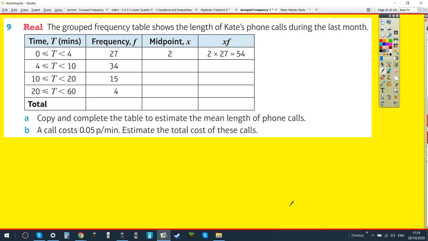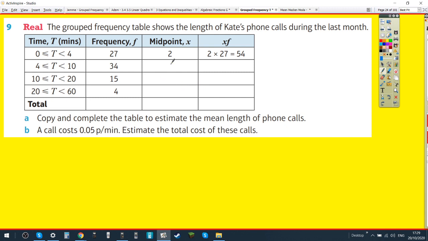How'd you get on there? I'm kind of a bit stuck because I didn't understand what question I'm supposed to be doing. So do you know the midpoints? Yeah. What are they? First one's 2.